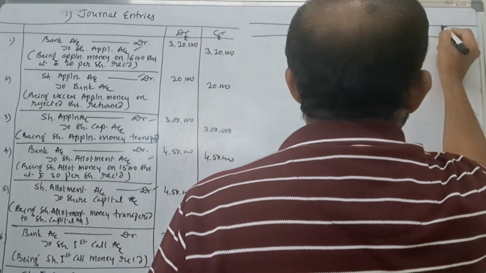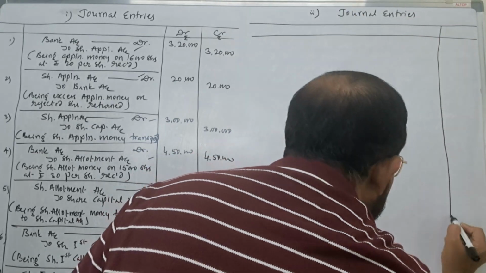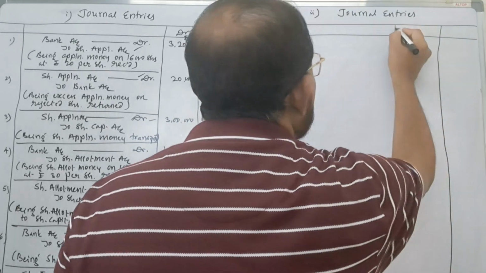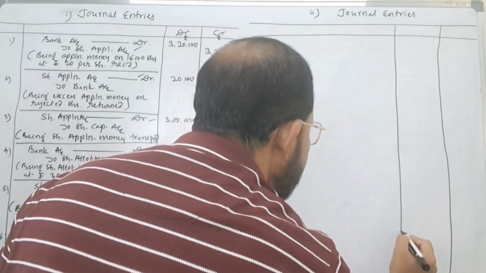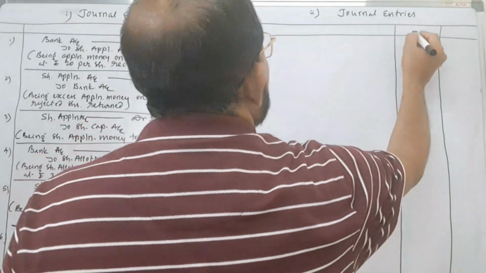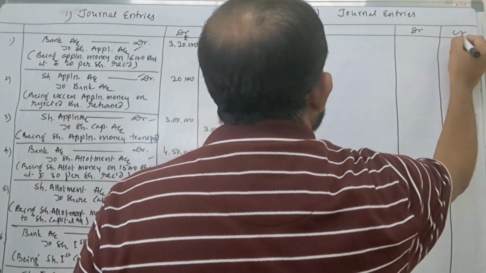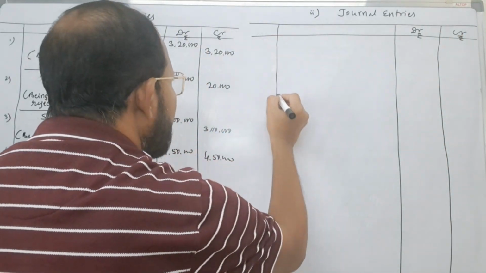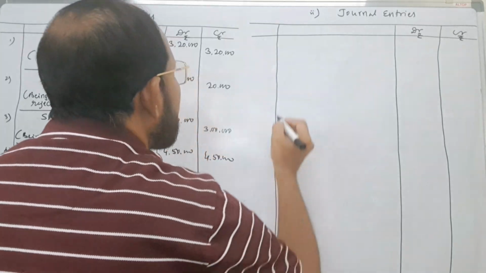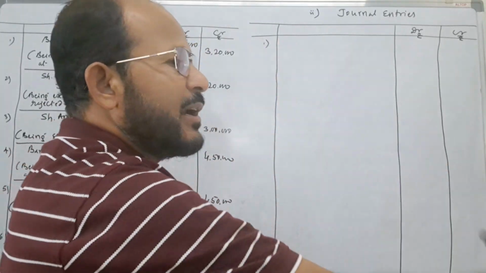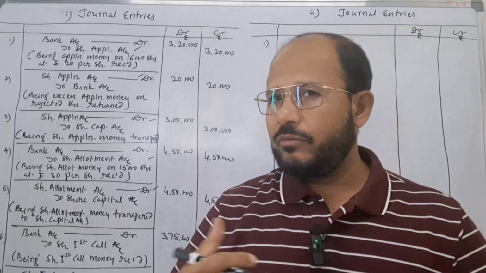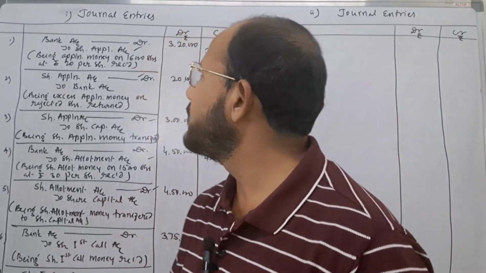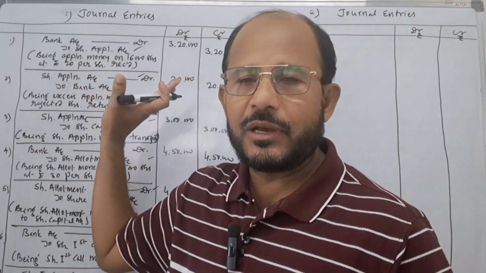Just you see the difference. Very simple thing. Write debit and credit amount in rupees. What is the first journal entry, when the application money is received? Bank account to share application account.